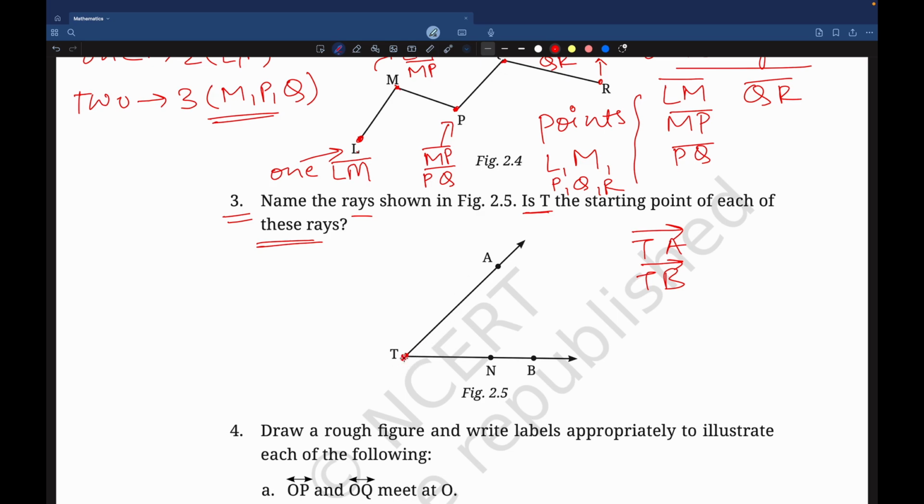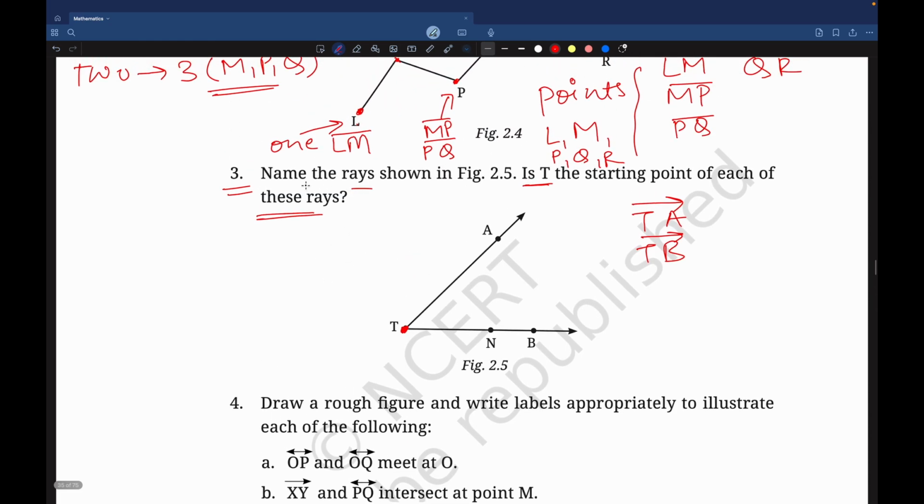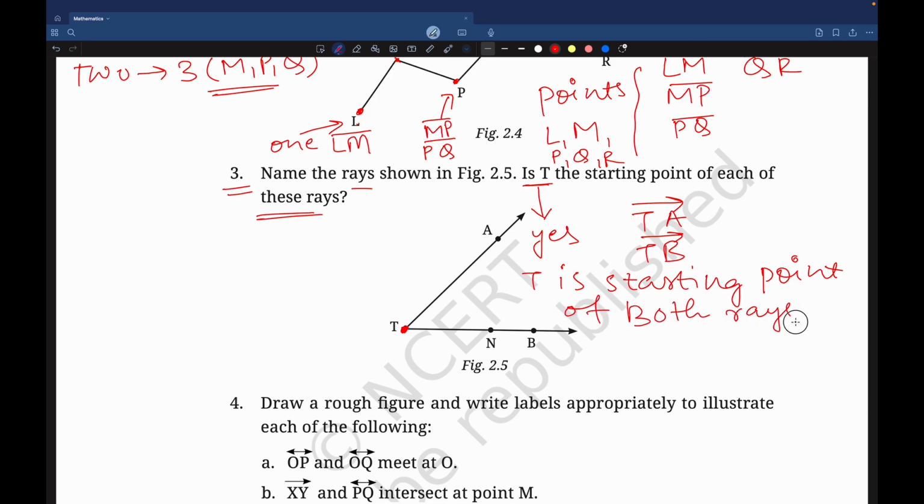TA starts from point T and TB also starts from point T. Now let's solve. So the answer of this question is yes. T is the starting point of both rays, or each of these rays.